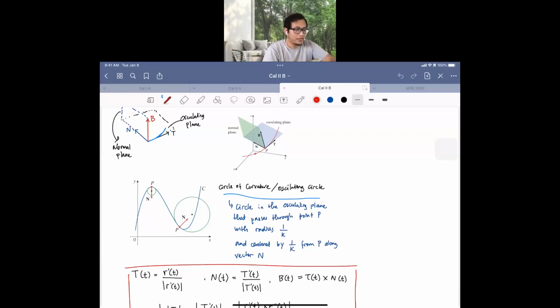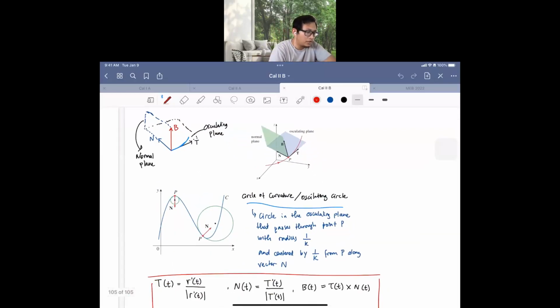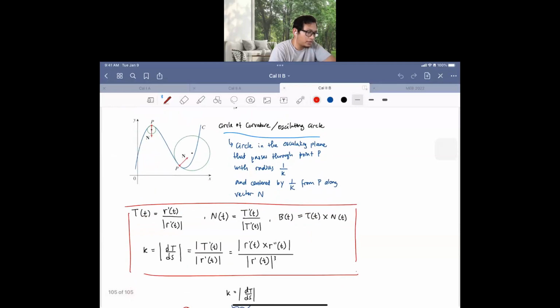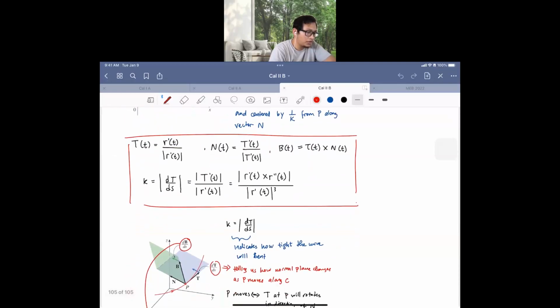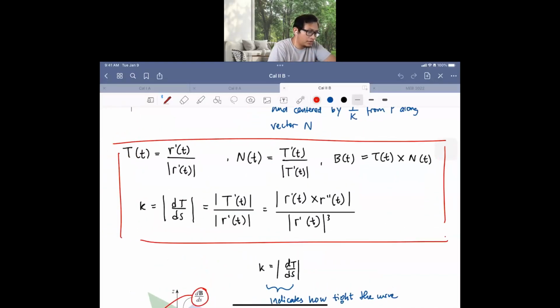Okay, so just a review. What we have done last week is the curvature, right? The curvature, and then the tangent, the unit tangent, the unit normal, and binormal, and all these essentials.